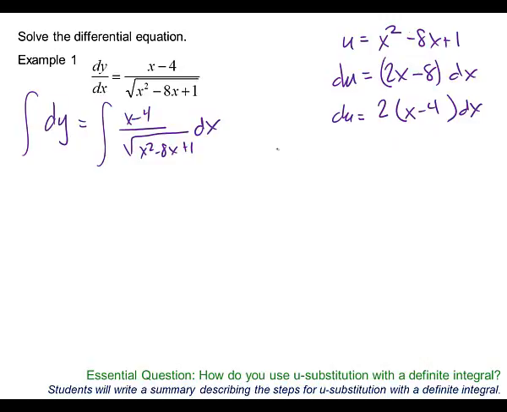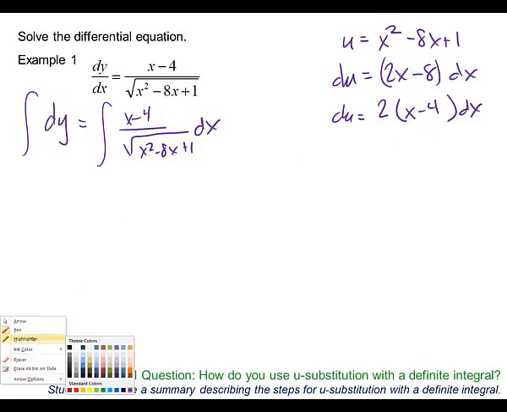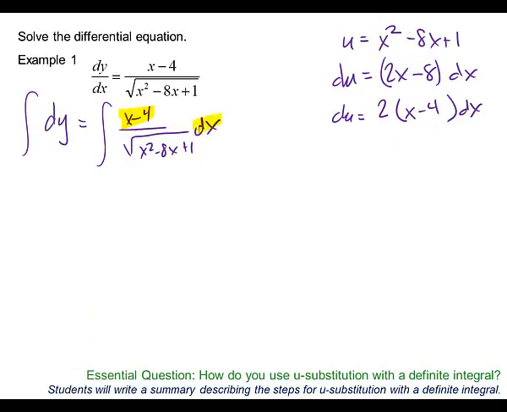Do you see how I have the x minus 4 dx and I don't have that 2? So that's where I know I got to divide that 2 to the other side. So we have 1/2 du equals x minus 4 dx.